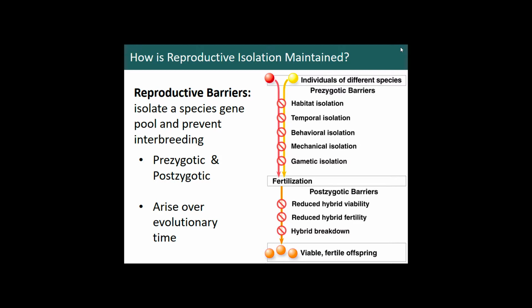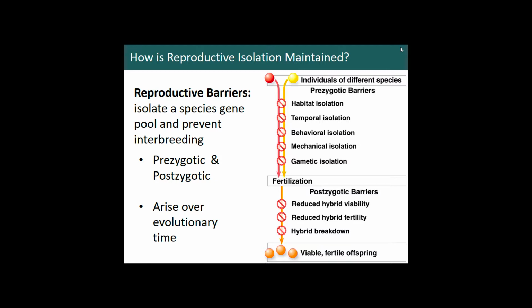We're going to break these down into two different time periods reproductively, prezygotic and postzygotic. Can anybody guess what this means, prezygotic and postzygotic? Before a zygote, right?